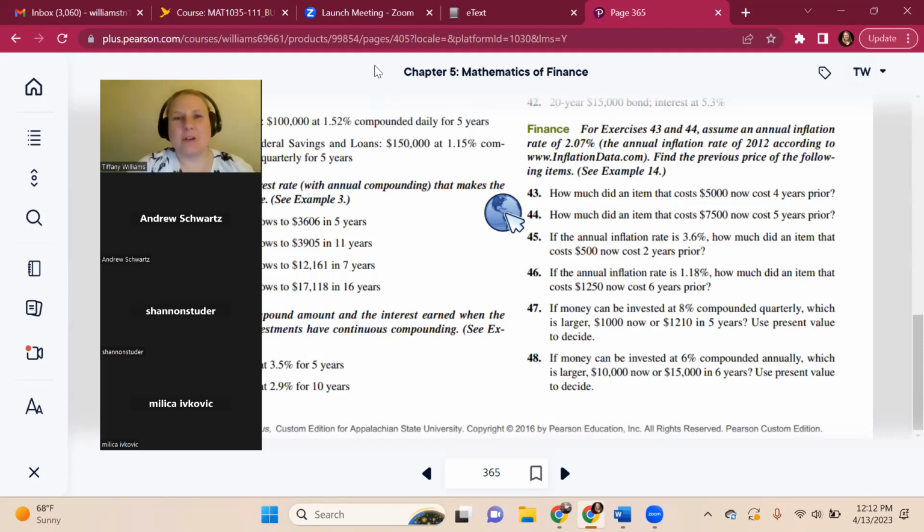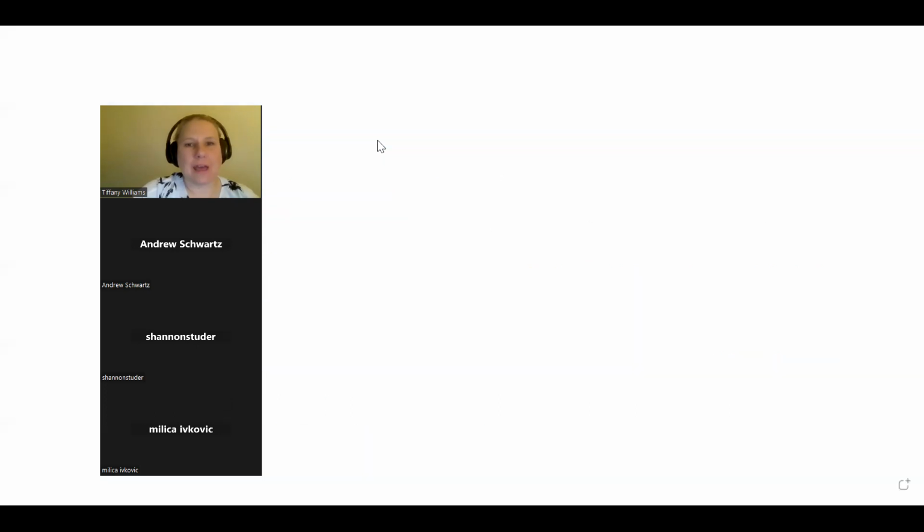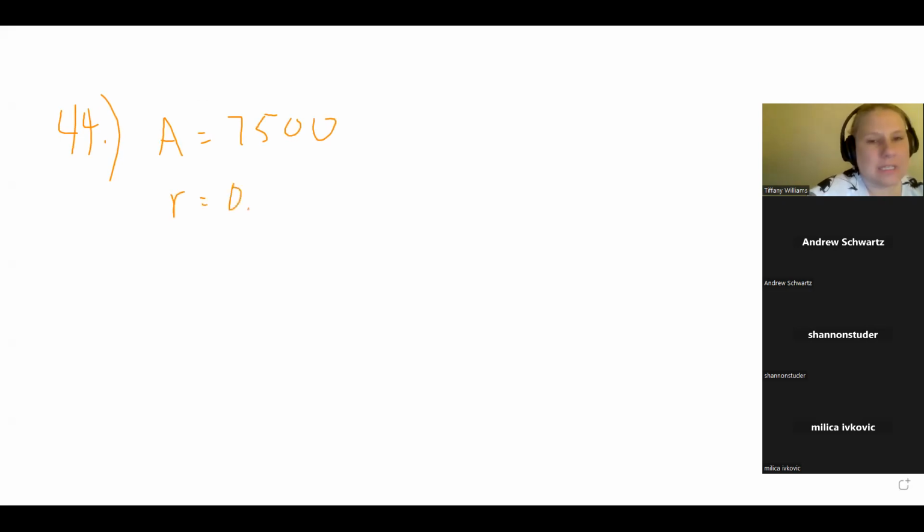Yep. So with number 44, we know our A value is going to be 7,500 because that's what it currently is. We know our R was 0.0207.